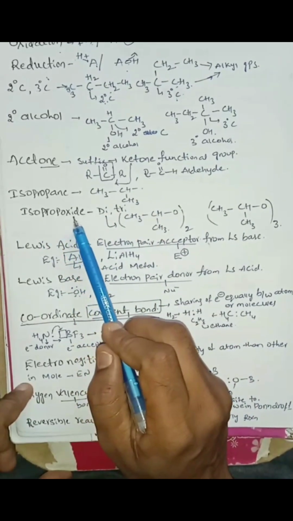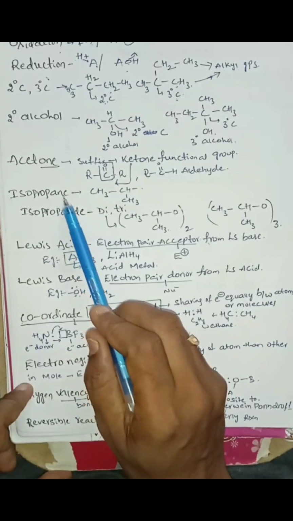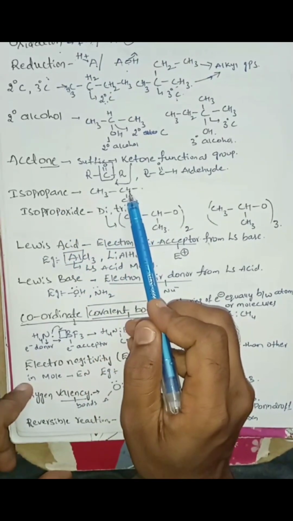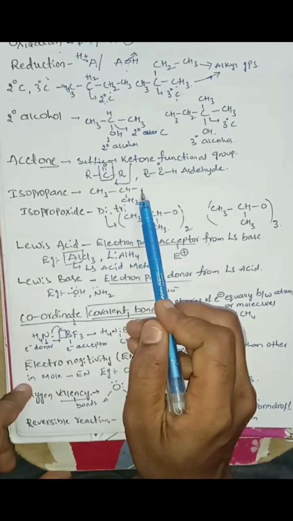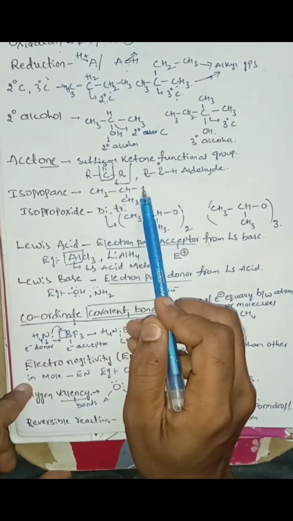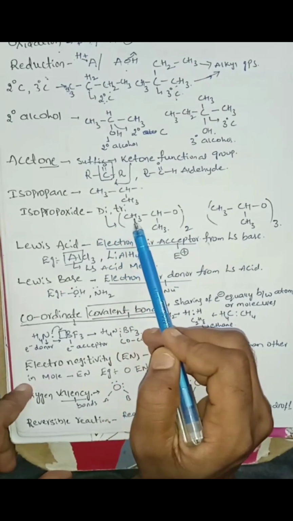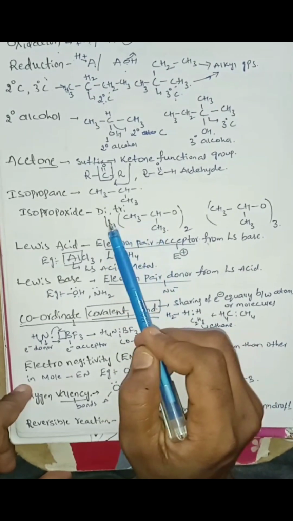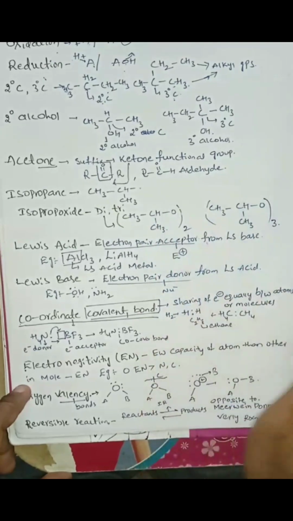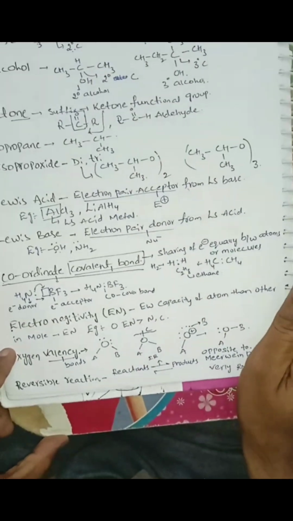Next, isopropoxide. To isopropyl, an oxygen is attached in place of the adjacent group, so that is isopropoxide. If two isopropoxide groups are attached, that is diisopropoxide. If three, that is triisopropoxide.